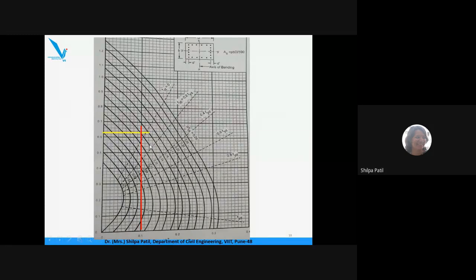This is the curve we have to refer to, and for this curve the value is 0.14. What is this value? This value is actually p by fck. Here, the small p represents percentage steel. Is it clear, guys, how to make use of this curve?